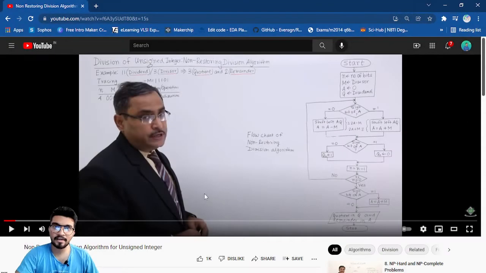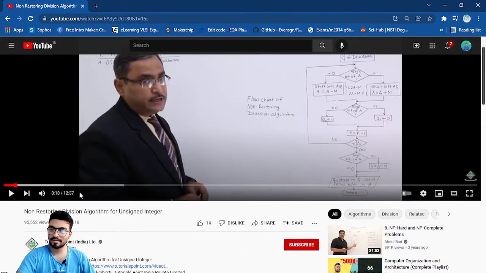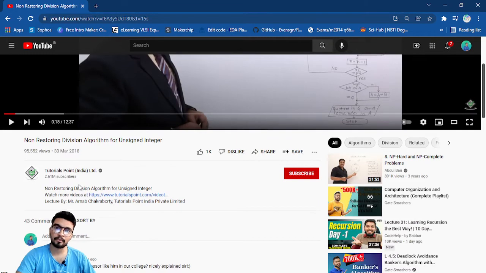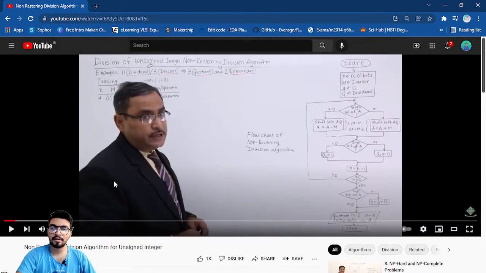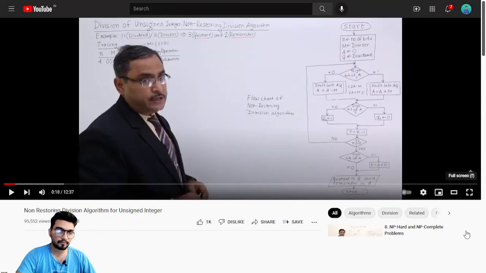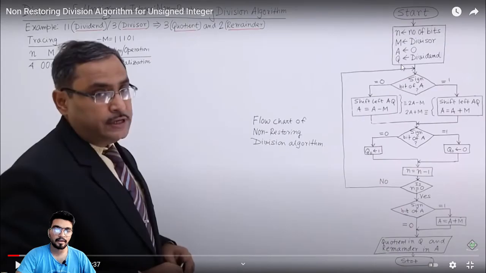So as you can see on this screen, this is the non-restoring division algorithm for unsigned integers. This video is from Tutorials Point, and the sir has explained the algorithm very nicely. This is the particular algorithm for the non-restoring division.